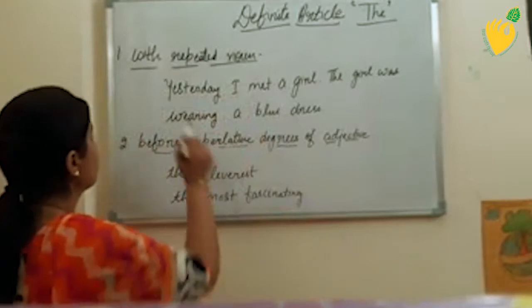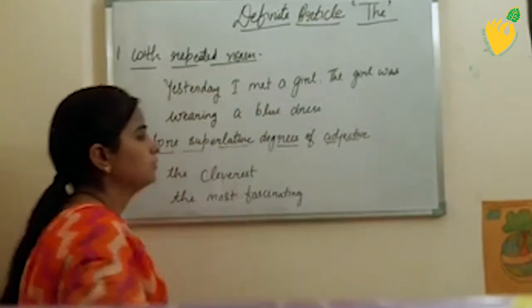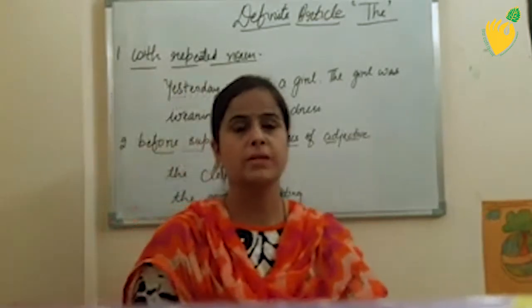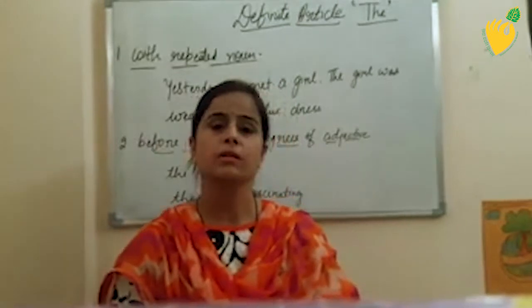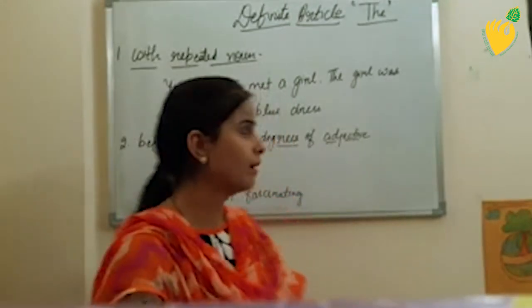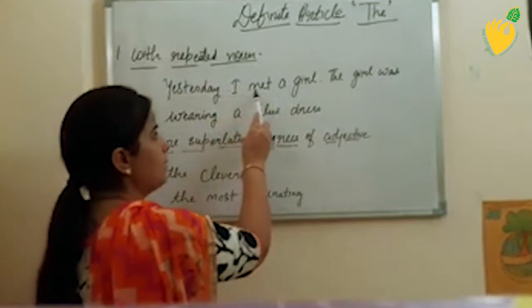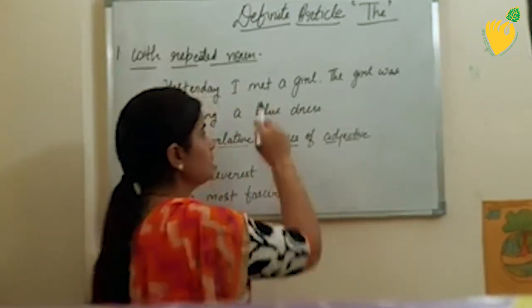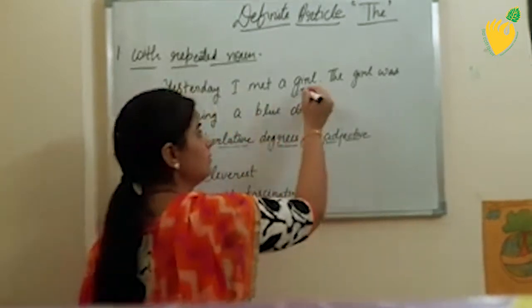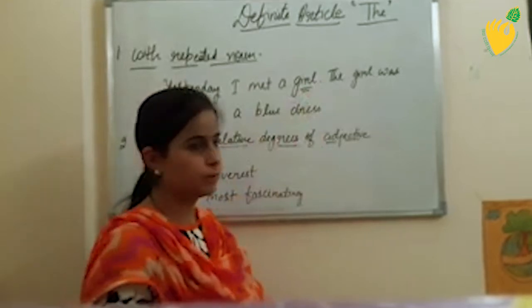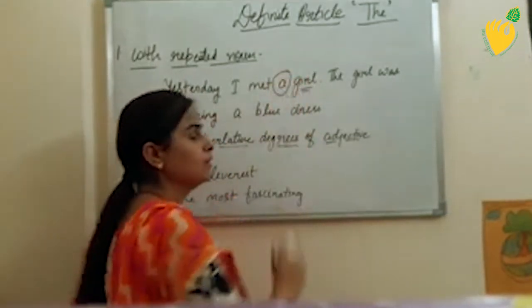Now the first one is with a repeated noun. If any noun is repeated, then we will use the before that noun. Look at the example. Yesterday I met a girl. In the first line, this girl is non-particular. So here I have used a.